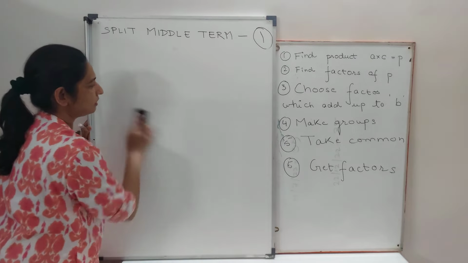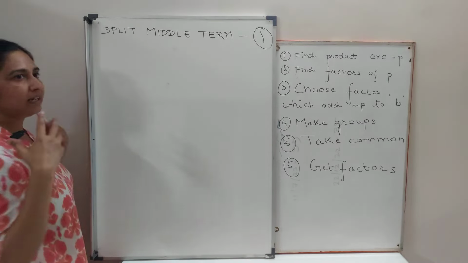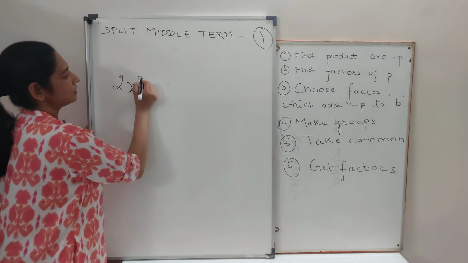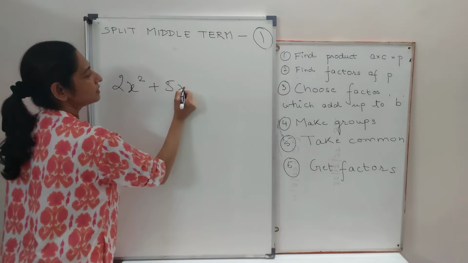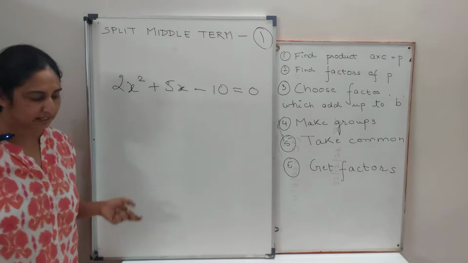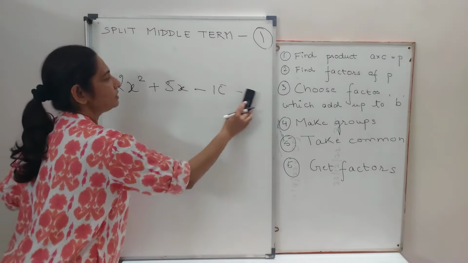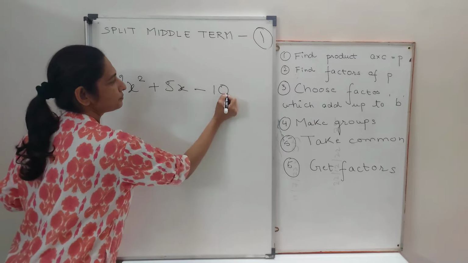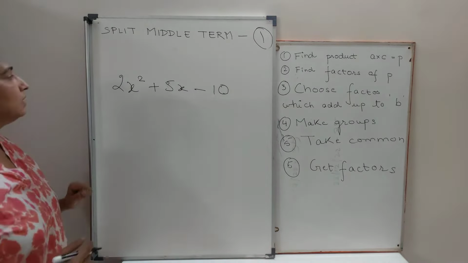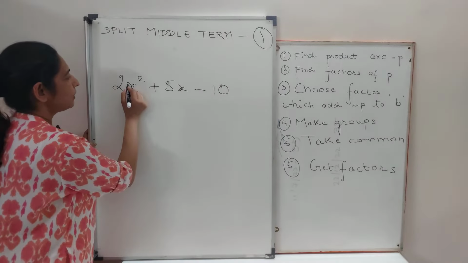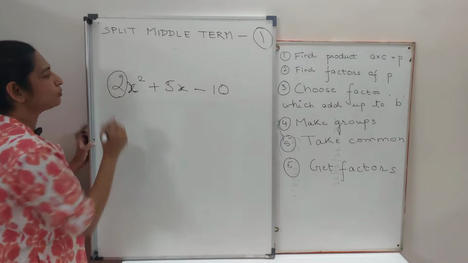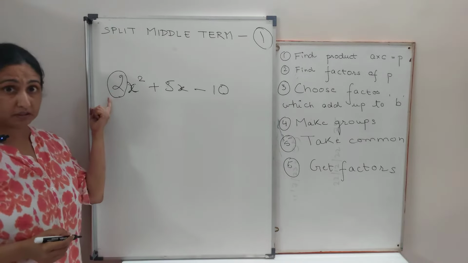Okay, now another thing that you should revise is that any quadratic equation looks like maybe 2x square plus 5x minus 10 is equal to 0. It looks like this. If you take an expression, it may just look like this. It may be an equation, it may be an expression, right? So you have an x square term, and you have a coefficient before x square, right?